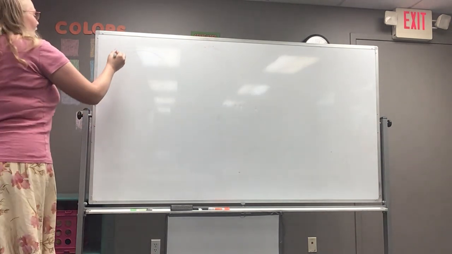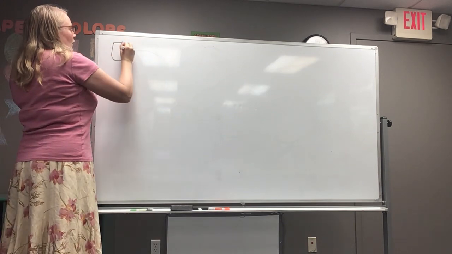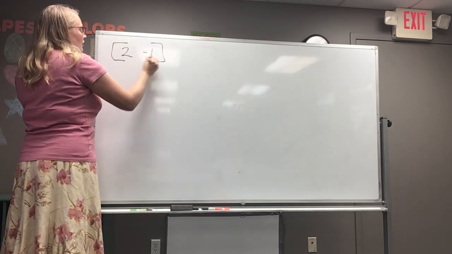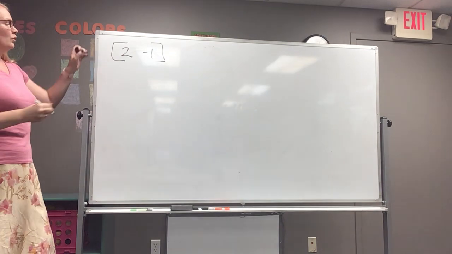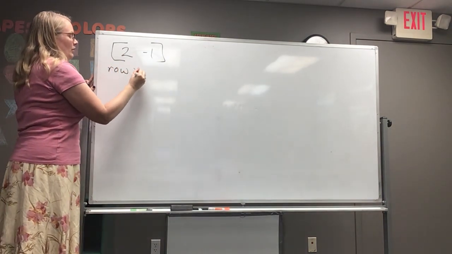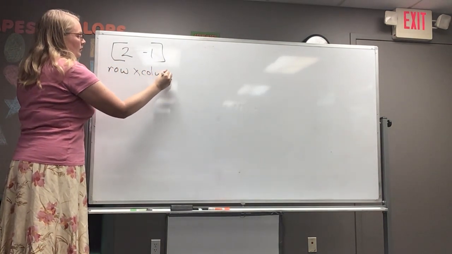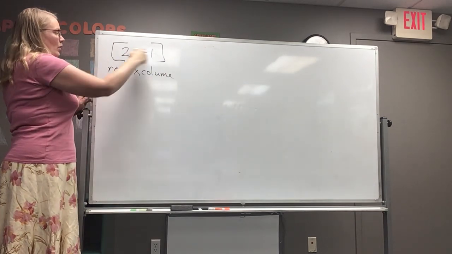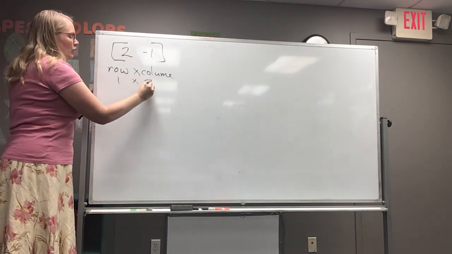And so if I have the matrix of 2 and -1, this is row by column, a 1 row by 2 column.